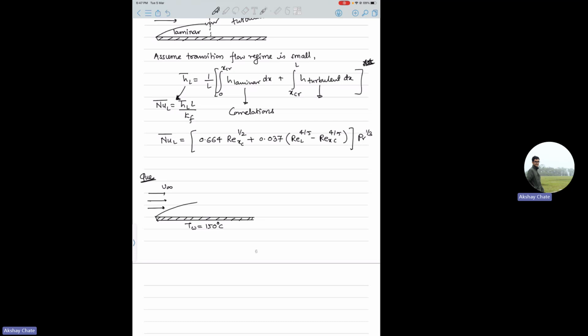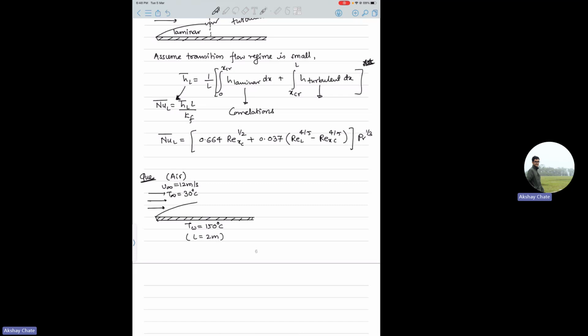You have U infinity as 12 meters per second, and T infinity as 30 degrees, and this is air. So air is flowing over a hot flat plate. Length of the plate is 2 meters. Okay, that is the whole information that is provided.